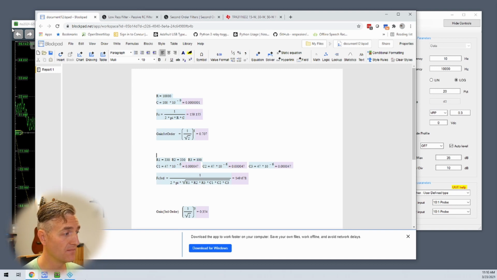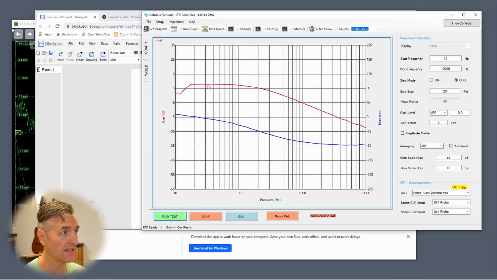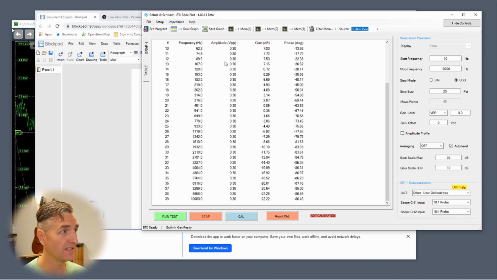Does that match the measurement data? That's a good question. The measurement data peaked out at about, if I go over to my table, 8 dB of gain. So if I subtract 3 from 8, that's 5-ish.